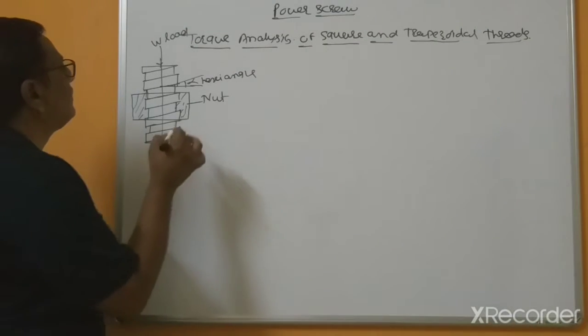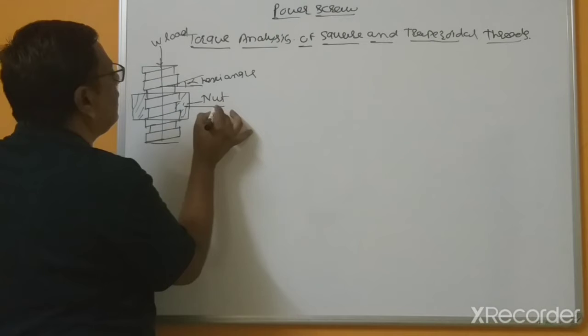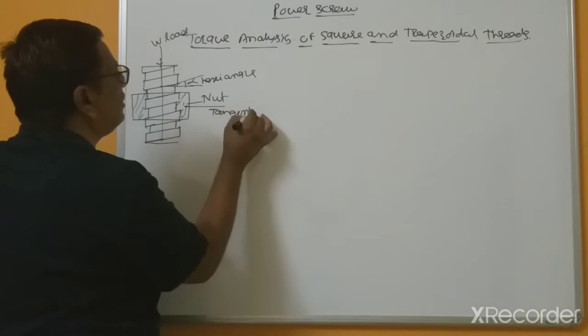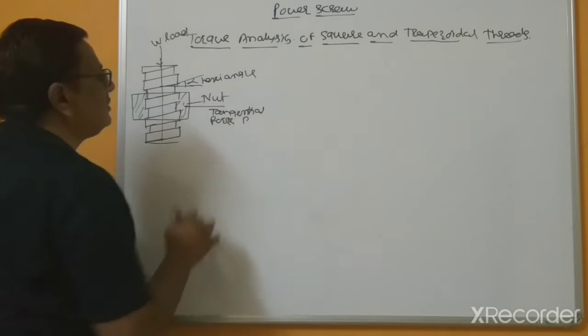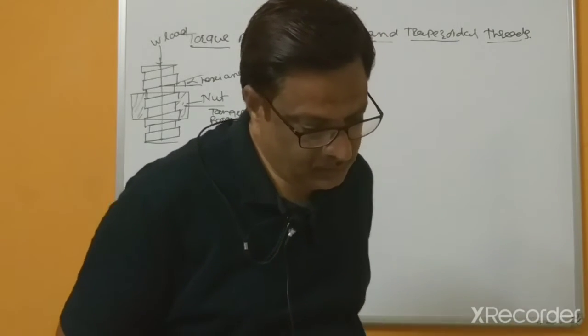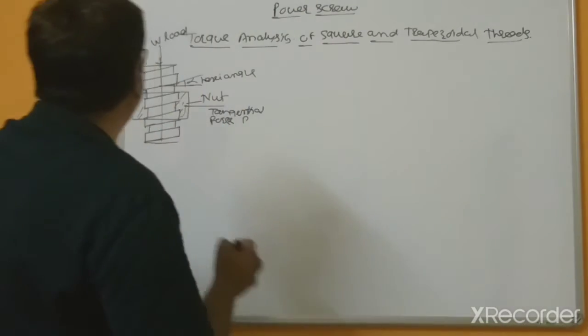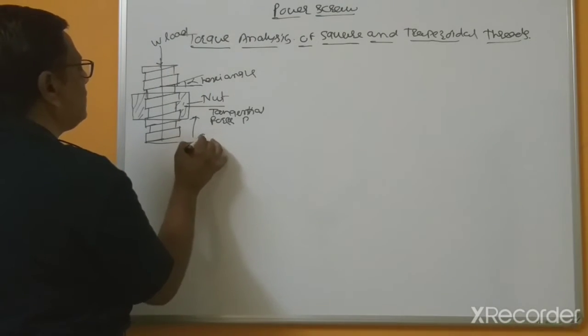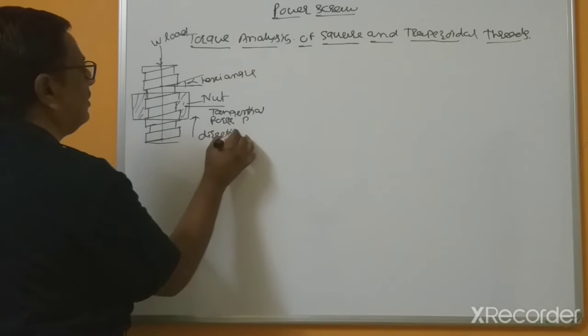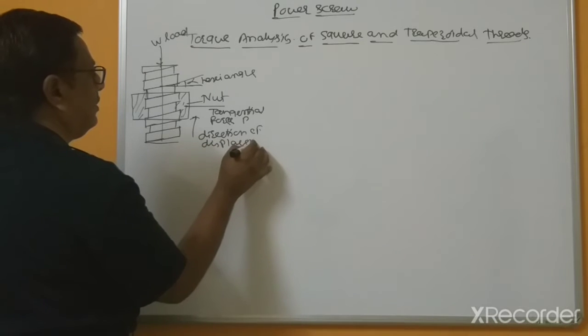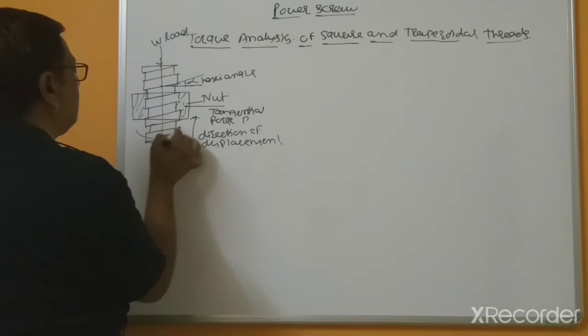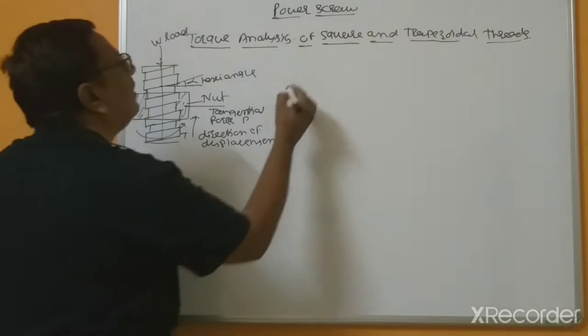And the force acting, which is the tangential force, is equal to, suppose, P. The direction of the displacement is upward, because the load is to be lifted, and here the torque acting is T equal to.